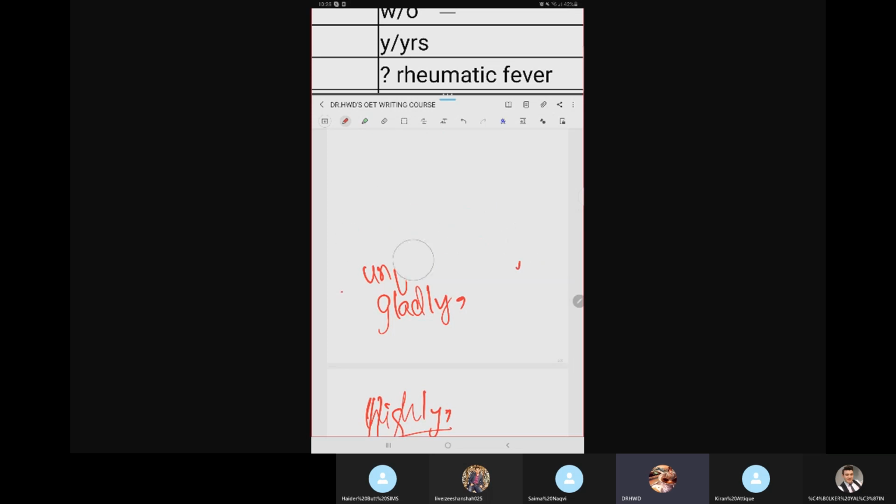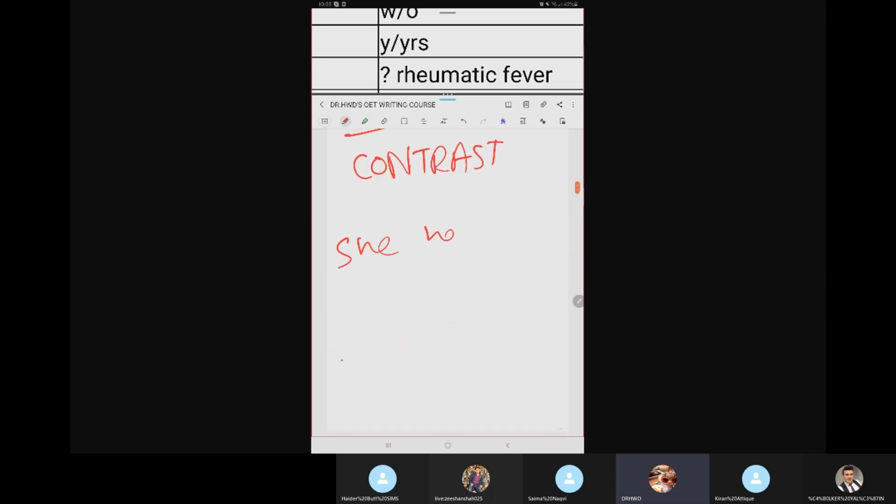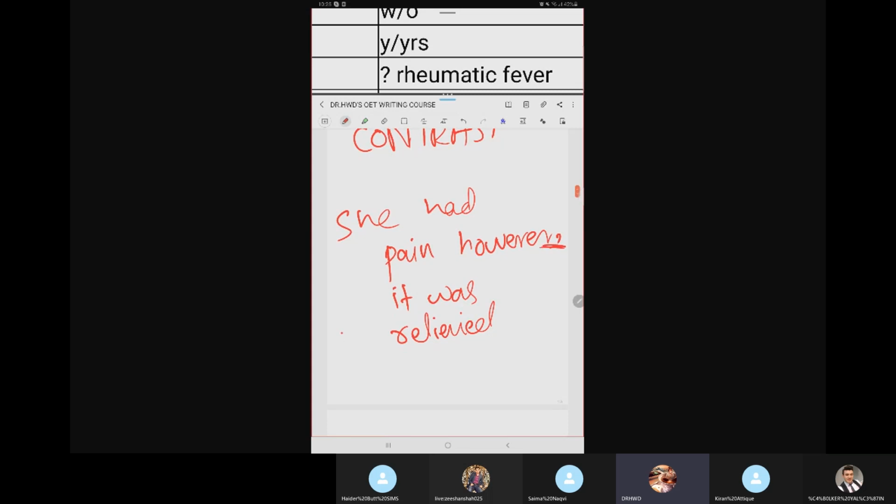Now when you're trying to contrast something, for example, you're saying that she had pain, however, it was relieved. Where do you put the comma? You put the comma here after however, right? Clear? Yes, no or problem?